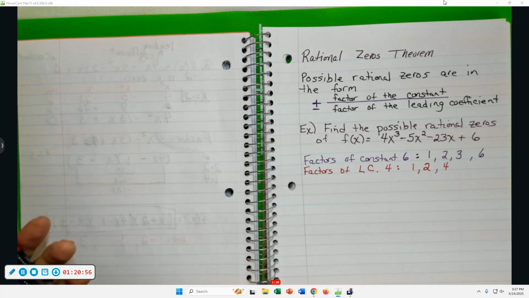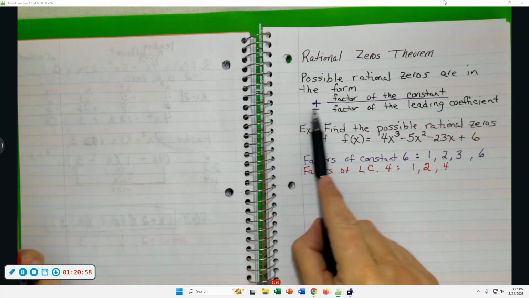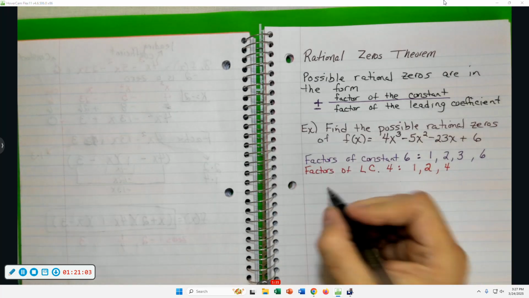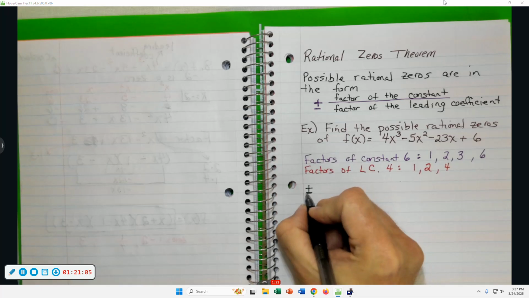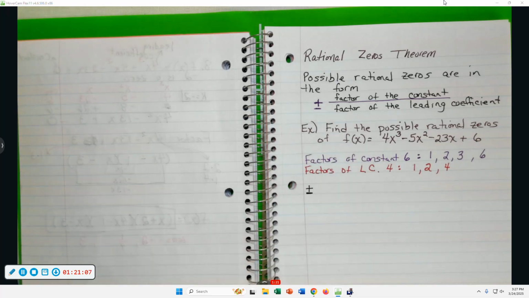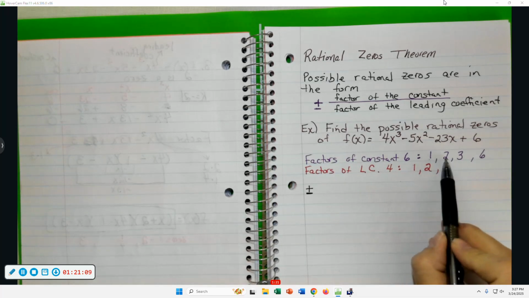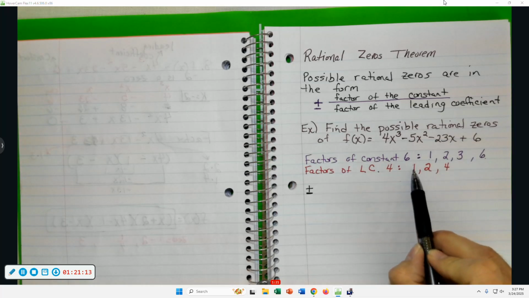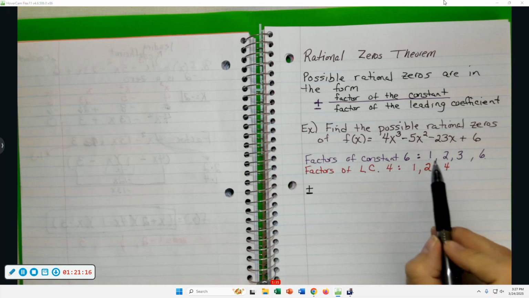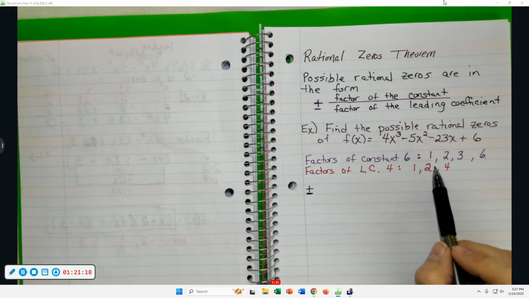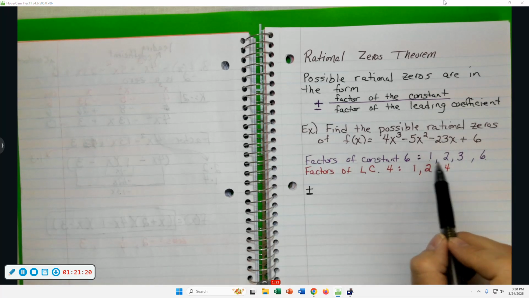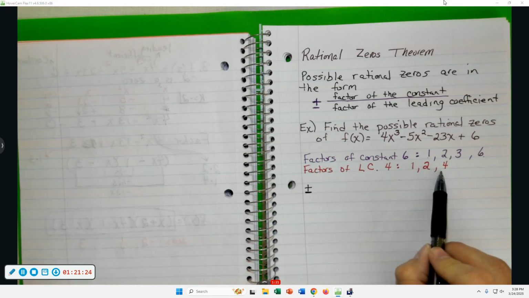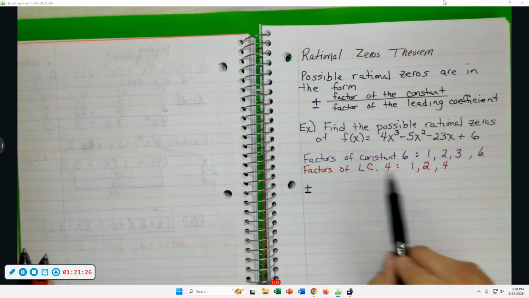Now we're going to make some fractions in this form. You write down plus minus, and you're going to take each one of these numbers and put it over each one of these numbers. Watch how I'm moving my hands, because just hearing what I'm saying is worthless. I'm taking each one of these numbers, and I'm going to put it over each one of the factors of the leading coefficient.